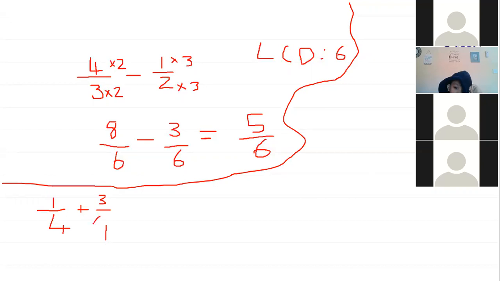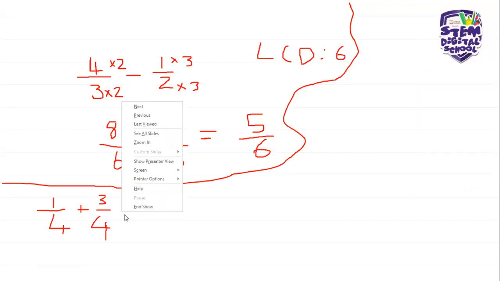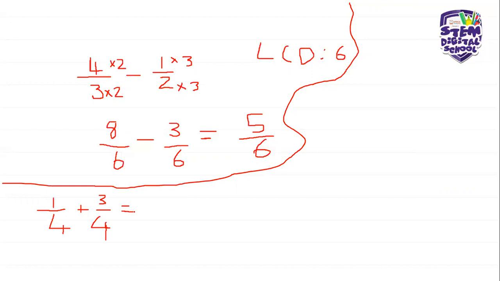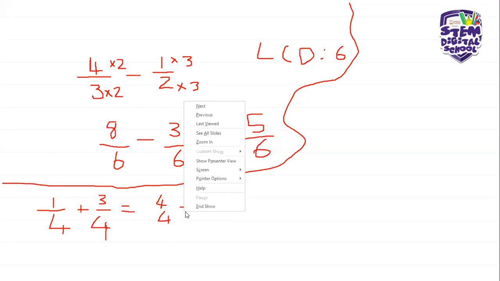Why? Because the denominators are the same, which allows me to add the fractions, which is going to give me 4 over 4, which is one full whole. It's equal to 1 because it's a full whole.